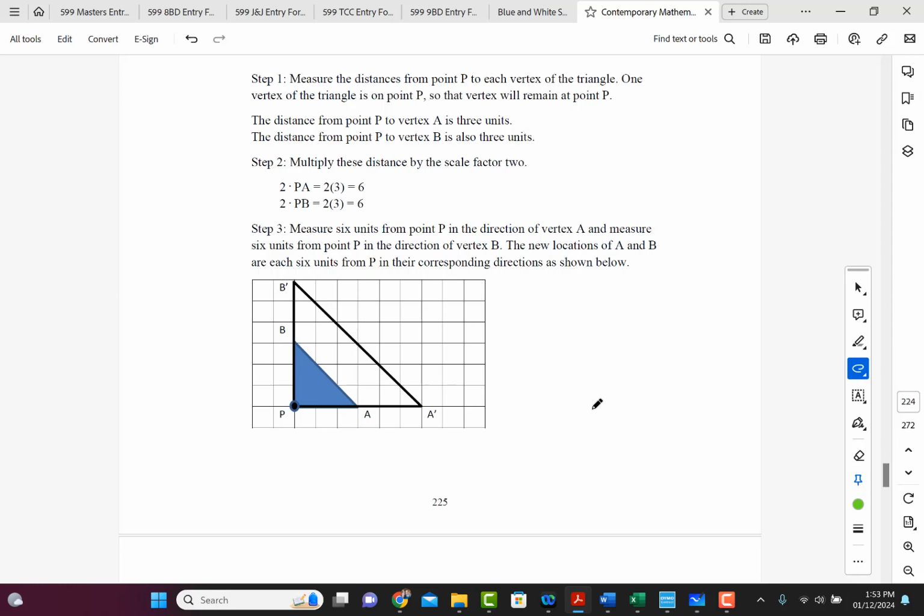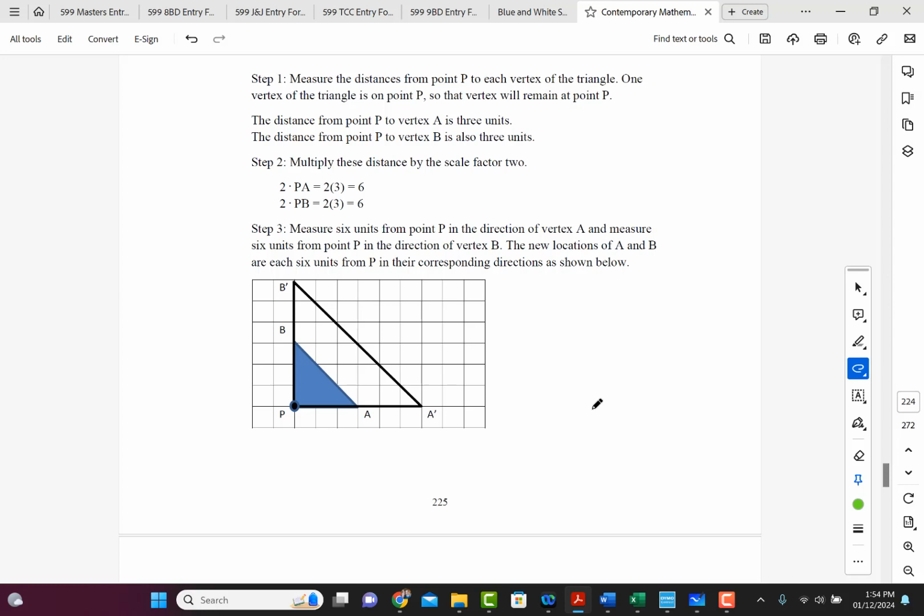Okay, it's that easy. So step 1, measure the distances from P to each of the vertices of the triangle. One vertex of the triangle is on point P, so that vertex will remain at point P, since we're enlarging it from that point. The distance from point P to vertex A is 3 units, and the distance from point P to vertex B is also 3 units.